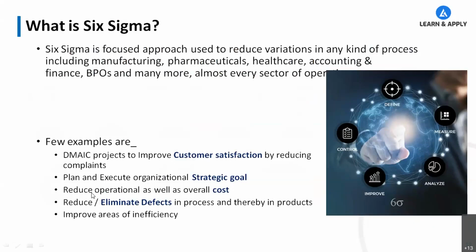Then an essential part is to reduce operational as well as overall cost. As the cost decreases, the bottom line increases, meaning the profit for the company also increases. It also reduces and eliminates defects in the process and thereby in products. Whenever we are operating to reduce variation, we are also improving the quality of the products, and we are also improving where there is inefficiency in our processes.